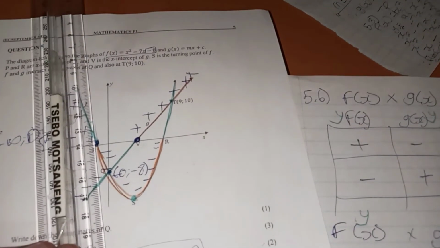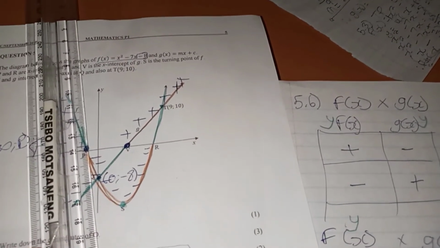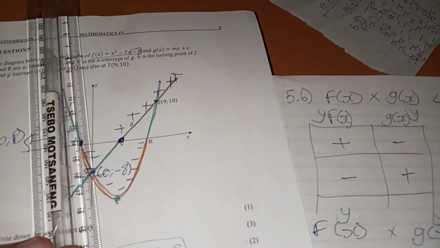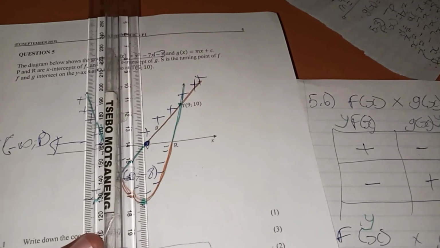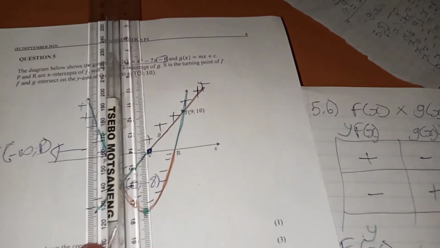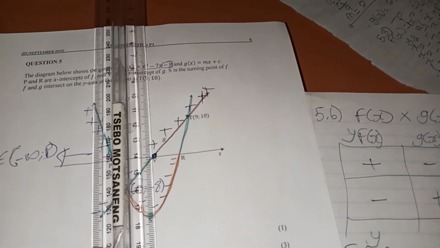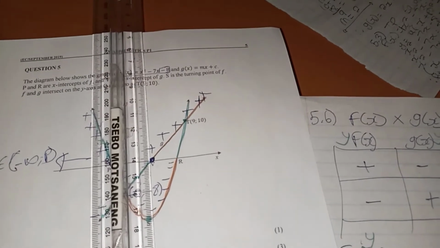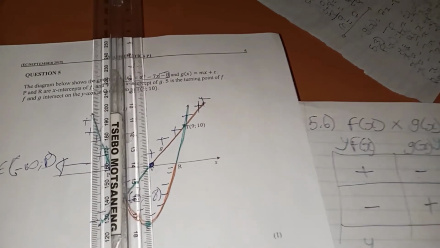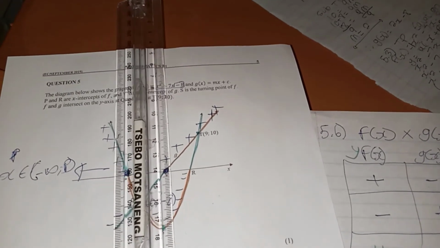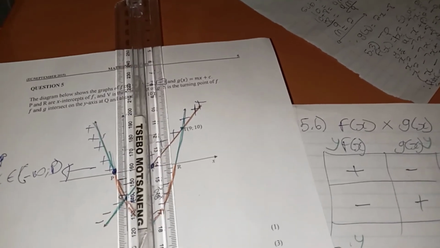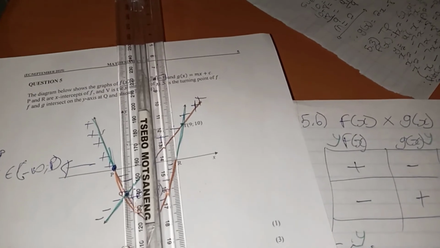I have negative values of f and I have negative values of g. That won't work, because negative times negative will give me a positive until I get to V. So from V, that's when I start having negative values of f, yes, and positive values of g, until my R now.